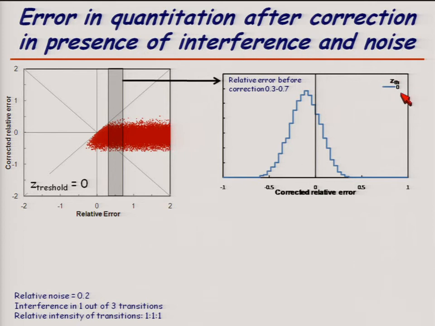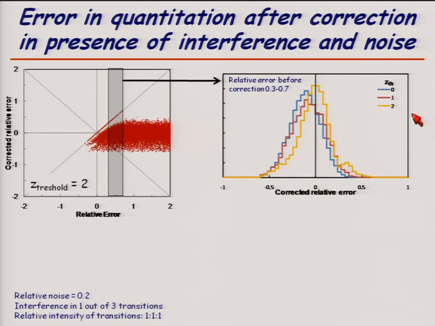We see that for a threshold of 0, we get a very similar distribution as for the case when we didn't have interference but only noise. And again, when we move to higher thresholds, the curve moves towards 0.